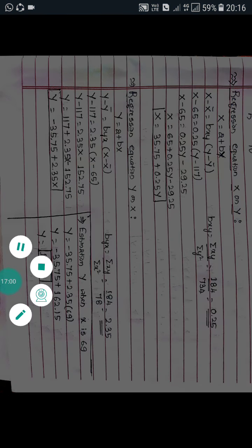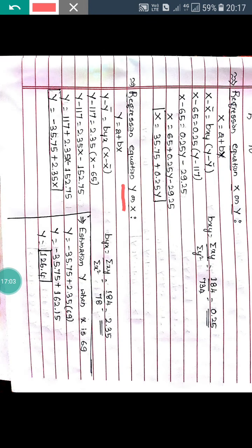Now come to the regression equation y on x. Here opposite to x on y, where x you are putting, on that place you should put a y. Now the formula is y equal to a plus by or bx. Now the regression equation y on x formula is y minus y bar equal to byx bracket x minus x bar.